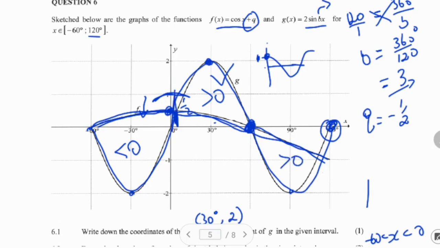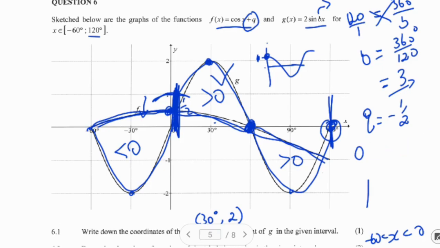So that means the 2 graphs, if they are multiplied, will be positive between this value and that value. That is between 0 and 120. Perfect.